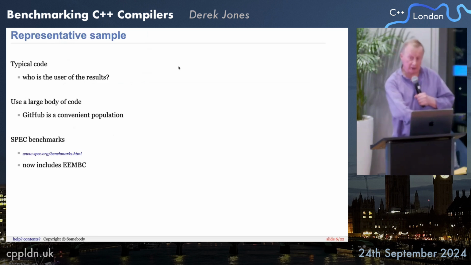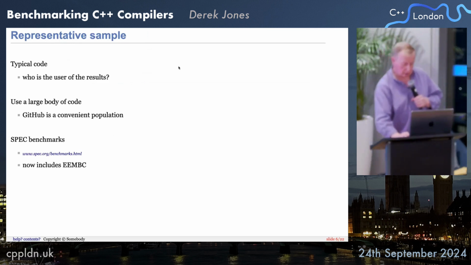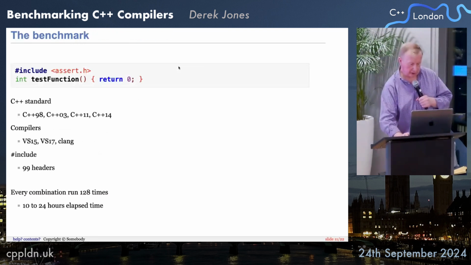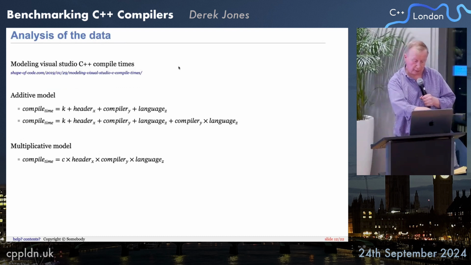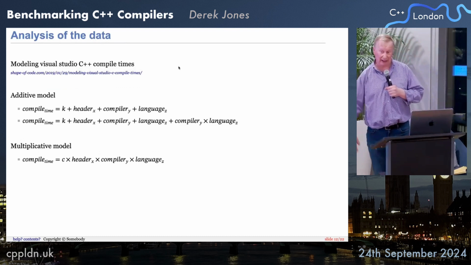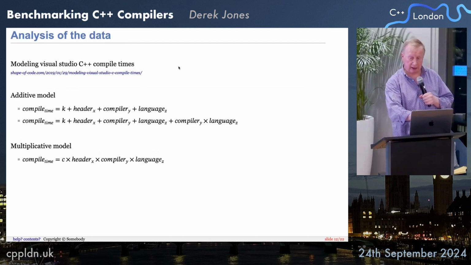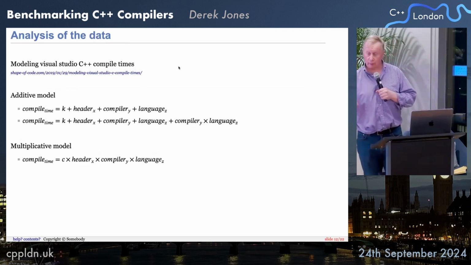But the SPEC benchmarks are compiler performance in terms of quality of generated code. And you go through all this, and you'd have one of these models, and it's all exactly the same, except rather than header, it might say benchmark, and rather than the standard version of the language, it might say compiler option, whether it's O1, O2 or O3 or whatever.